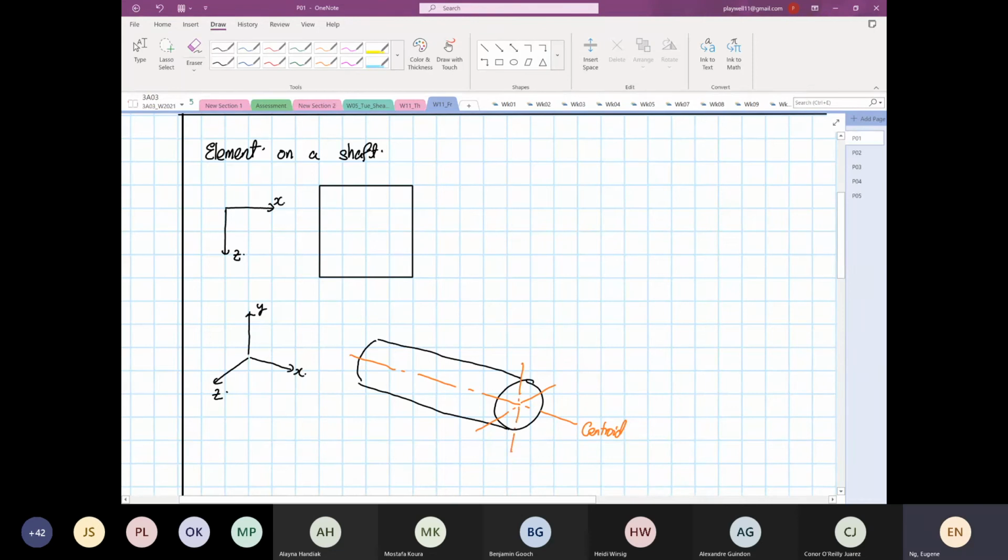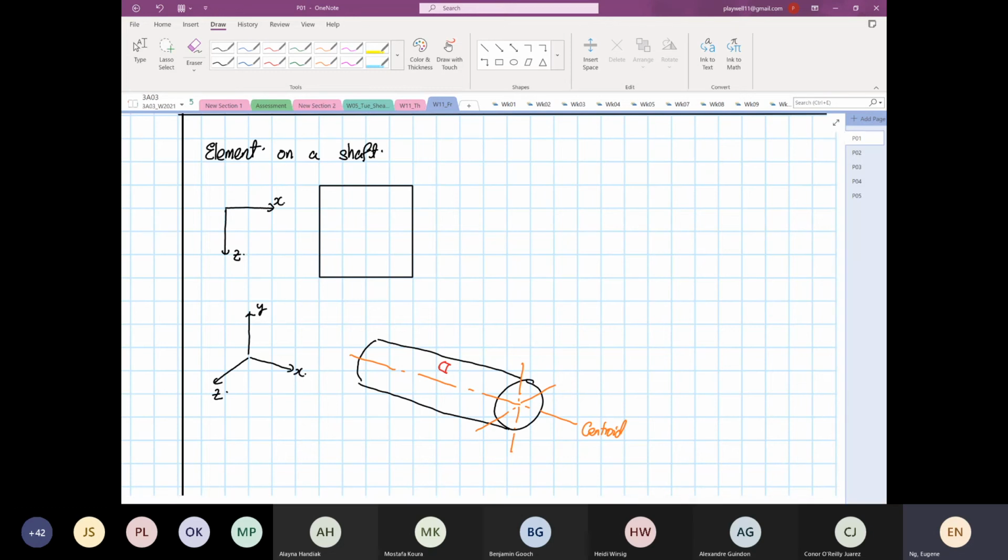Now, any question, please stop me at any time. Looking at the orientation on the view of the element, I'll just do a quick sketch. This is where our element is. It's on the surface of the shaft. Now you can visualize this.